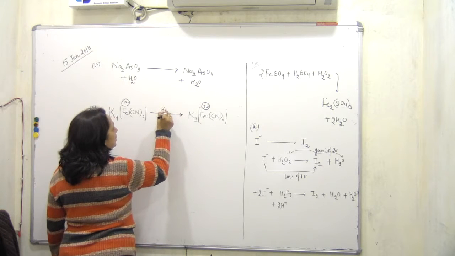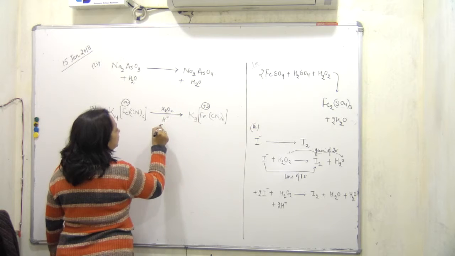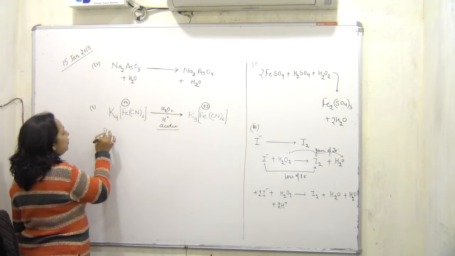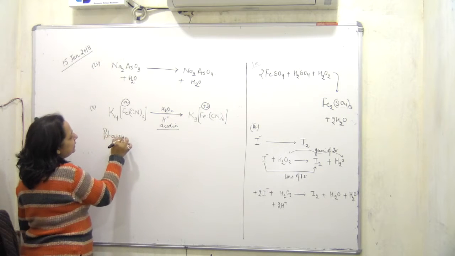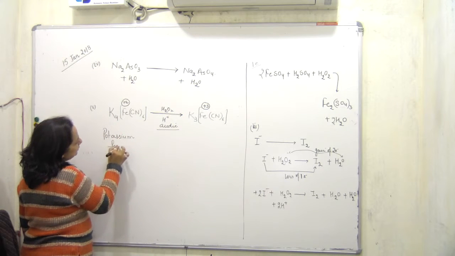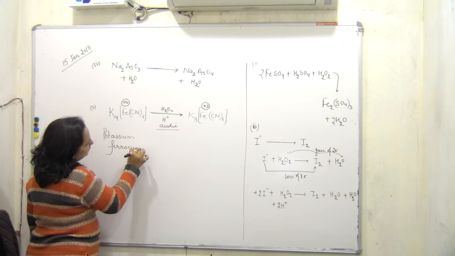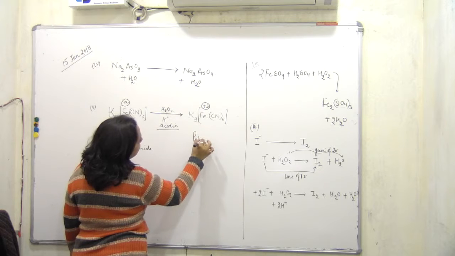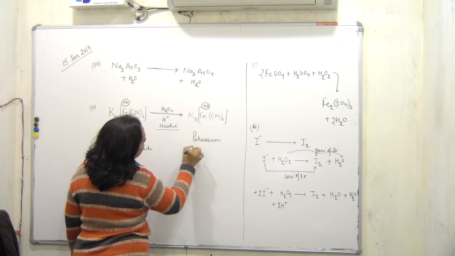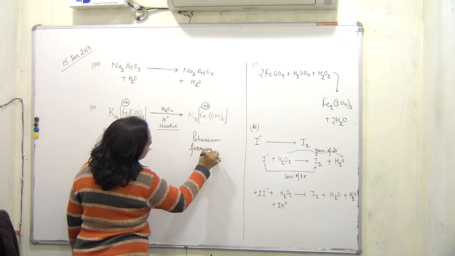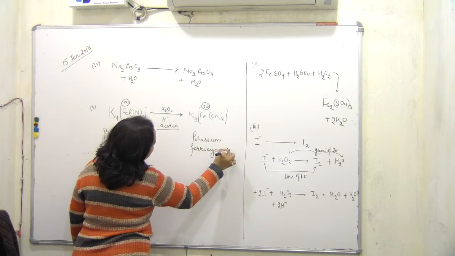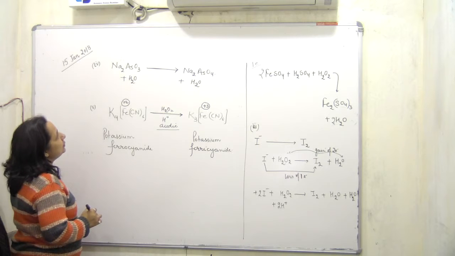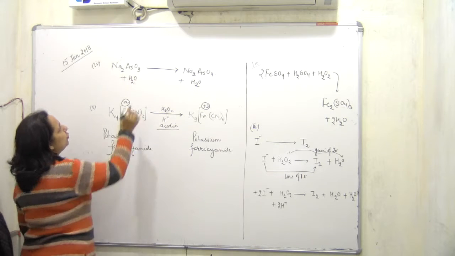In hydrogen peroxide, acidic medium. So we can say potassium ferrocyanide can be oxidized to potassium ferricyanide. ऊपर Na2AsO3 converted to Na2AsO4, H2O2.